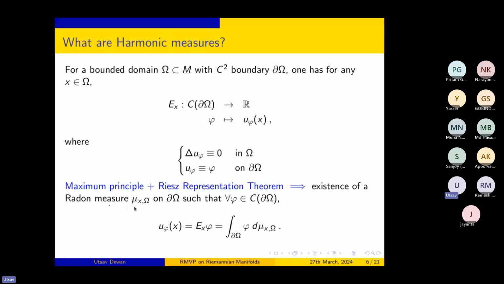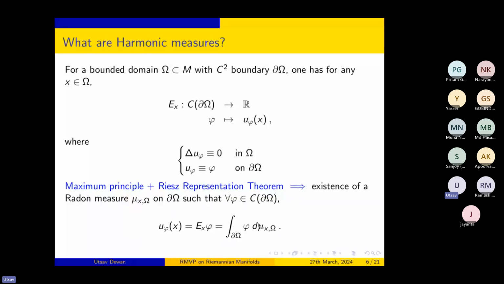So there exists a measure mu_x^omega on del omega so that for all phi continuous on del omega, the evaluation linear functional can be represented in terms of the boundary value in an integral with respect to these measures mu_x^omega. These are what we call the harmonic measures, because you get the harmonic extension by integrating the boundary value with respect to these measures.